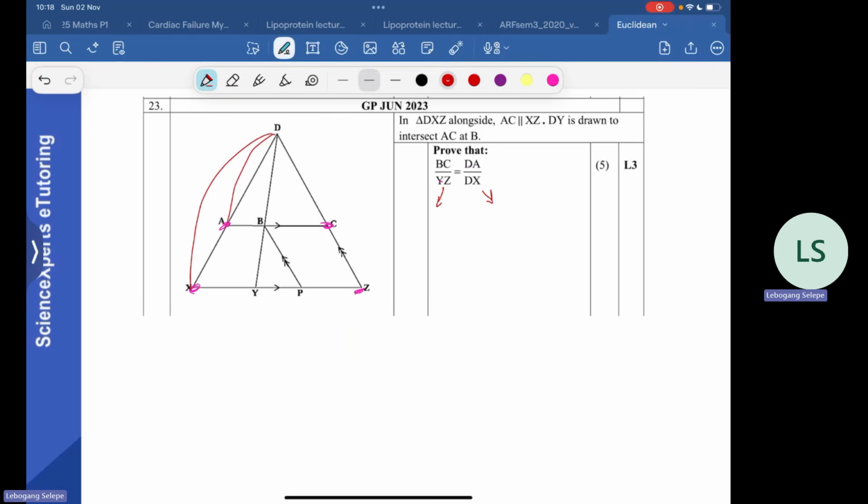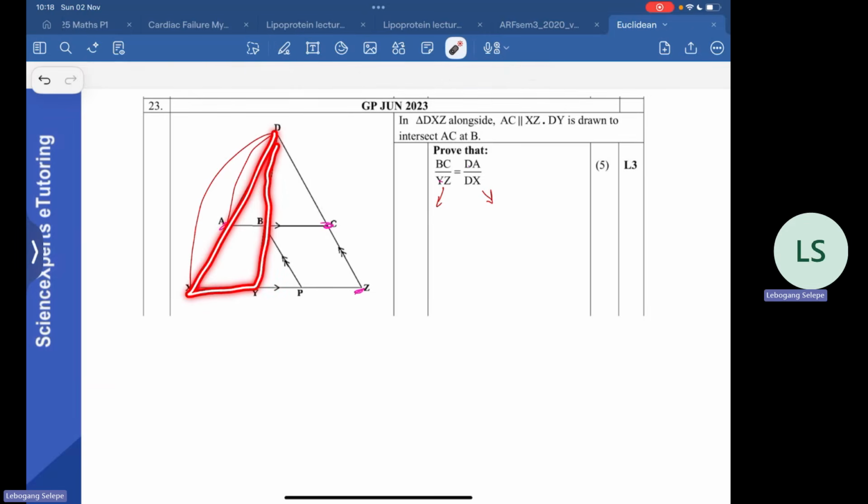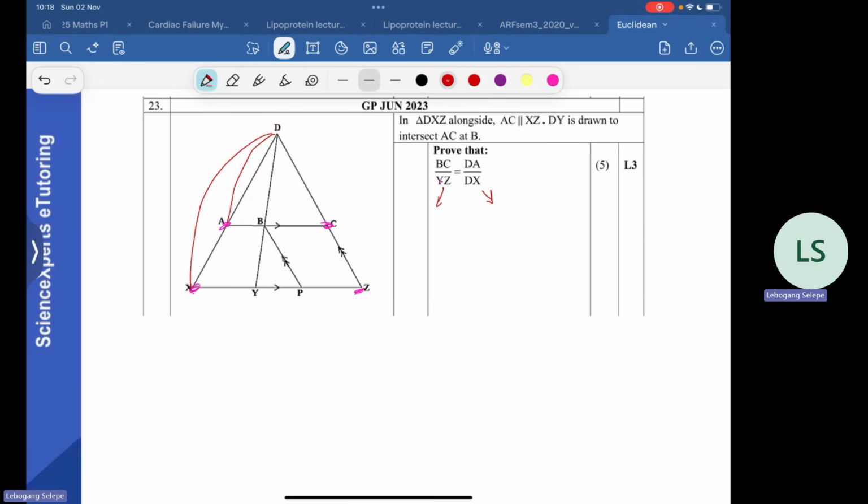I can already see that in this triangle here, I can apply the proportionality theorem. So if that long line divided by this short line are equal, they're going to be equal to this long line divided by that short line. Let's go DA over DX.